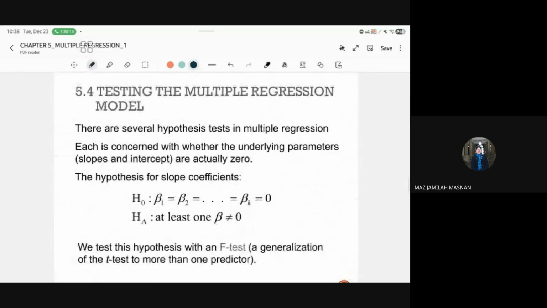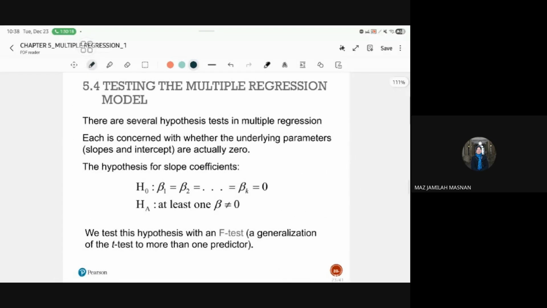Just remember what we had when we discussed simple linear regression, on how we can check whether our simple linear regression is a good model. And if it is a good model, we can proceed with the prediction part. If the model has not been checked, don't do the prediction yet. Prediction can only be done once you have identified that the model is good enough for you to use.